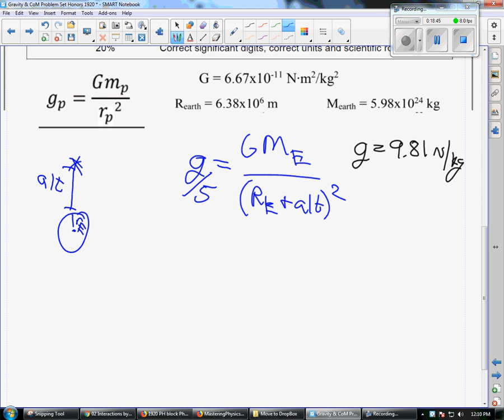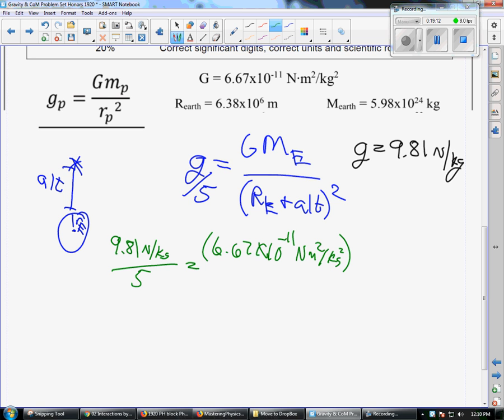So now really it's substituting in. 9.81 newtons per kilogram over 5 equals 6.67 times 10 to the negative 11 newtons per kilogram squared, mass of the Earth, 5.98 times 10 to the 24th kilograms, all over radius of the Earth.